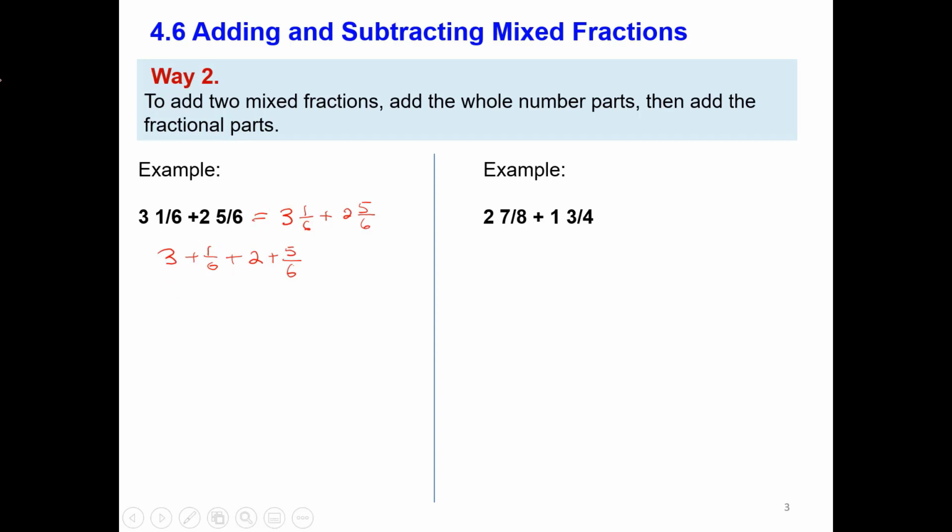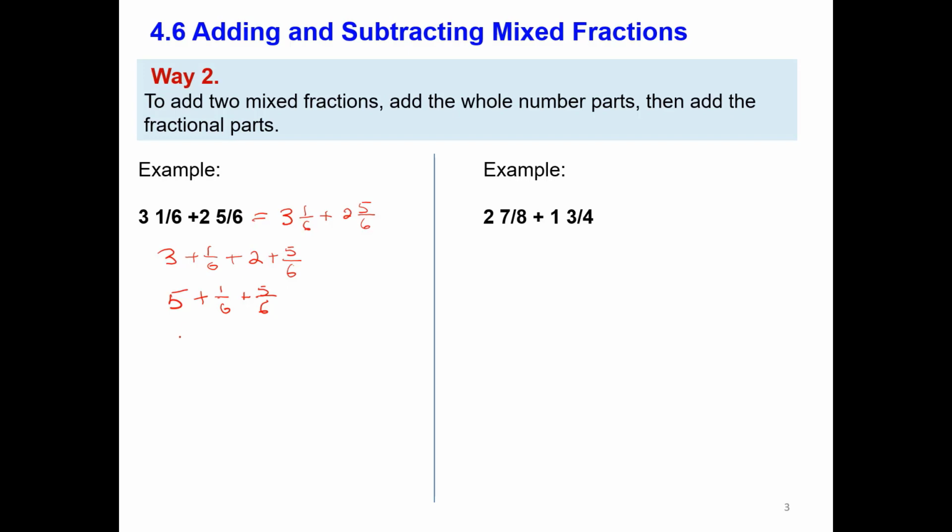These are the whole parts. We add the whole parts: 3 plus 2 is 5. Then we add the fractional parts.